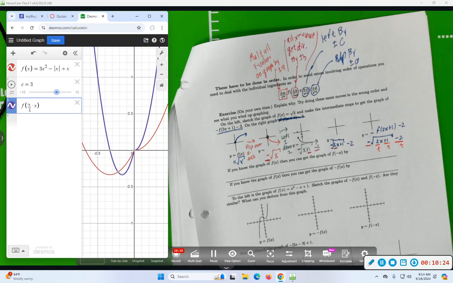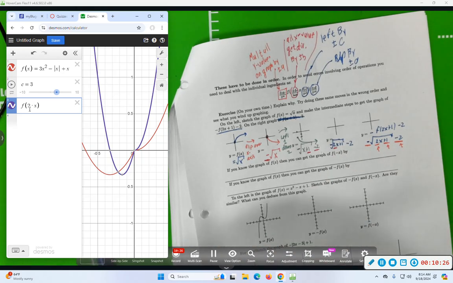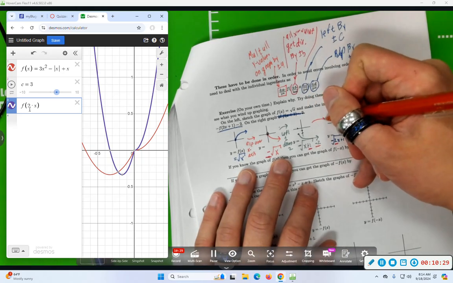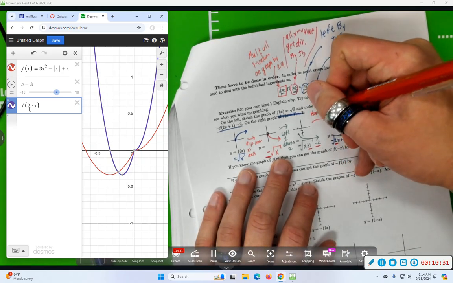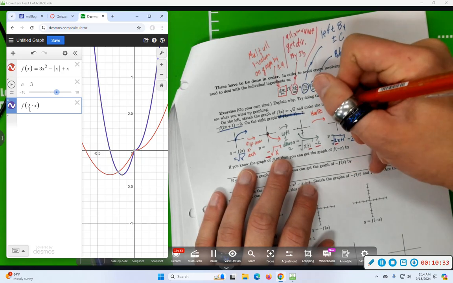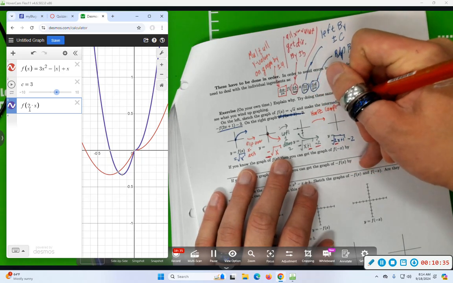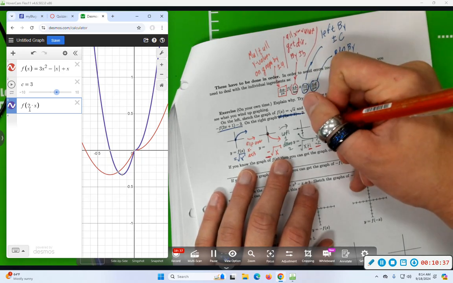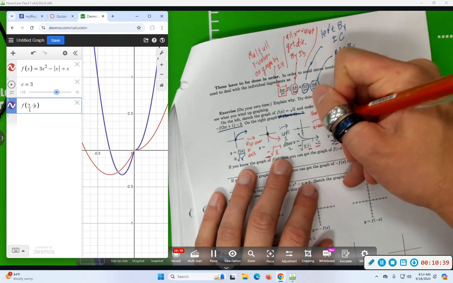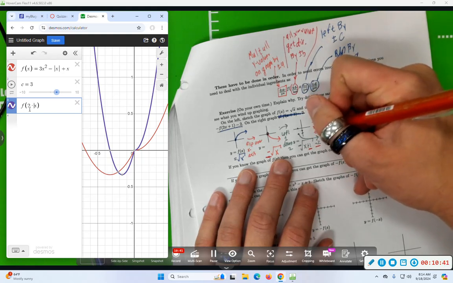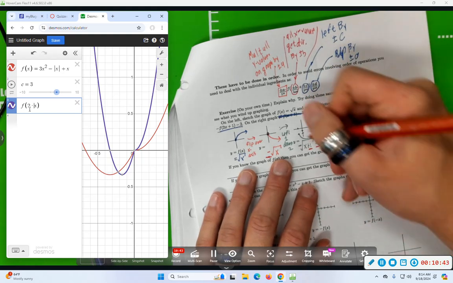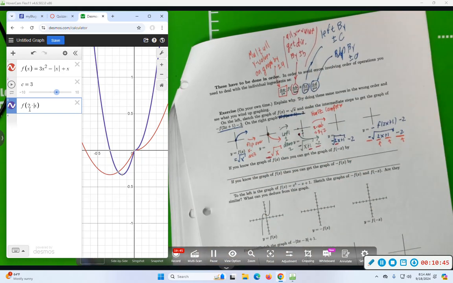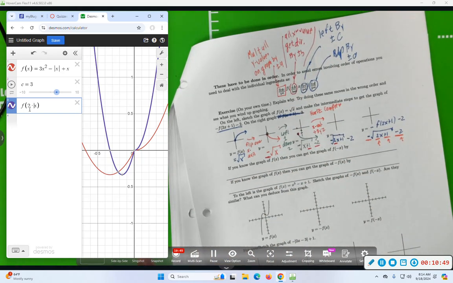So, this 2 is going to be a horizontal compression. So the x values get divided by 2. This point used to be at -1, 2. So where will that point be after this compression?